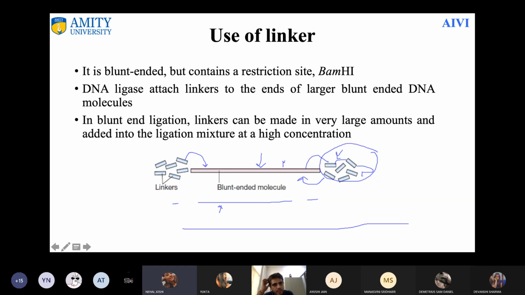So the difference between canonical and non-canonical is simply what site it recognizes. It means traditional and non-traditional, you can say. Okay, sir.